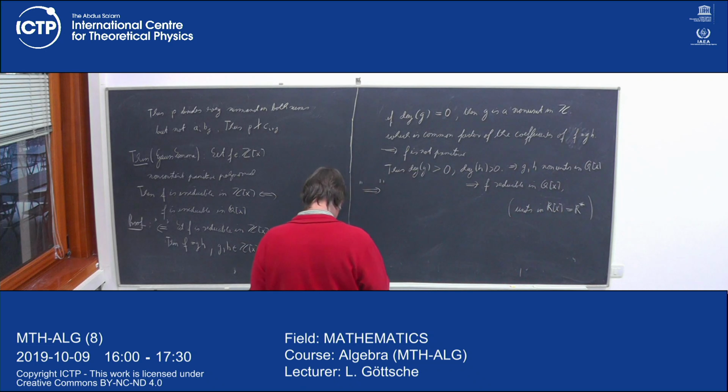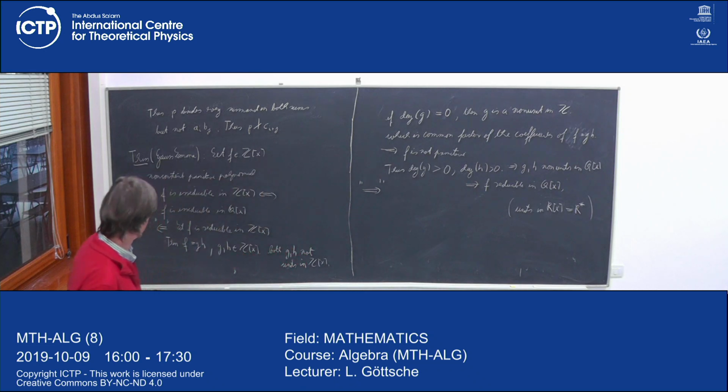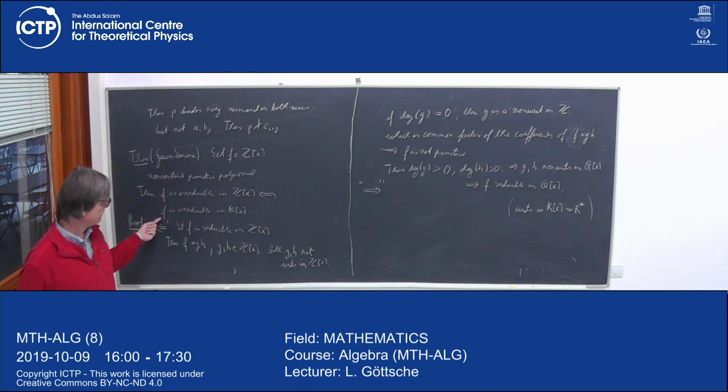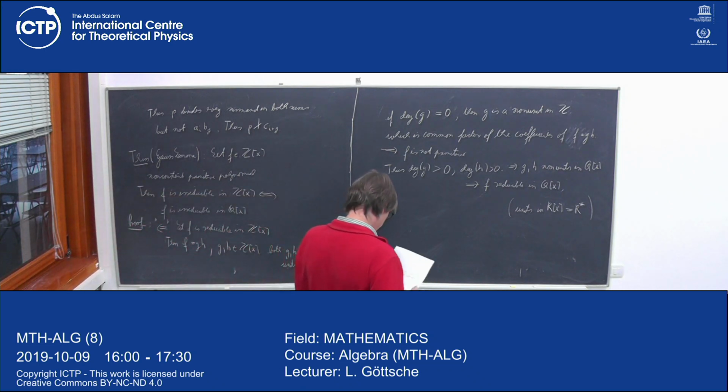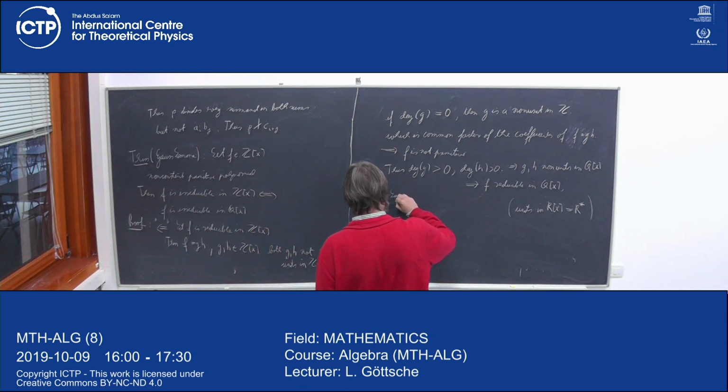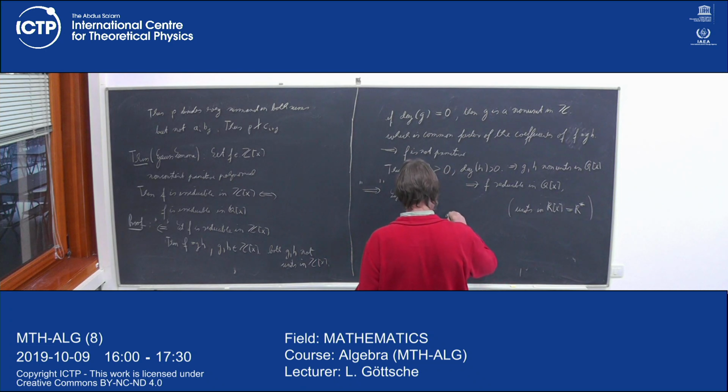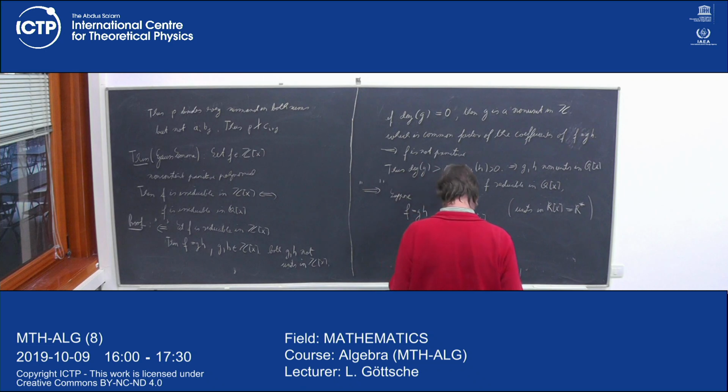Okay, now let's look at this. So now we instead assume that we can write F as a product of two polynomials in Q[x]. So suppose F is equal to G times H with G and H in Q[x] of positive degree.